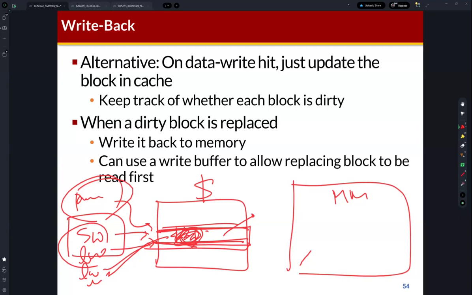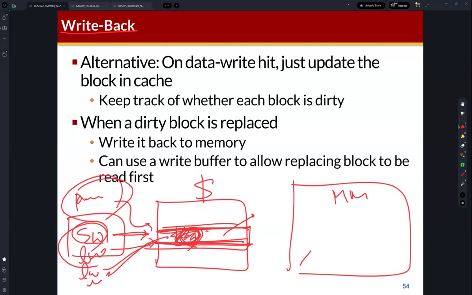So we don't need to update main memory immediately. So with the write back policy, if the store instruction is executed and it is a write hit case, then only the cache block is updated.